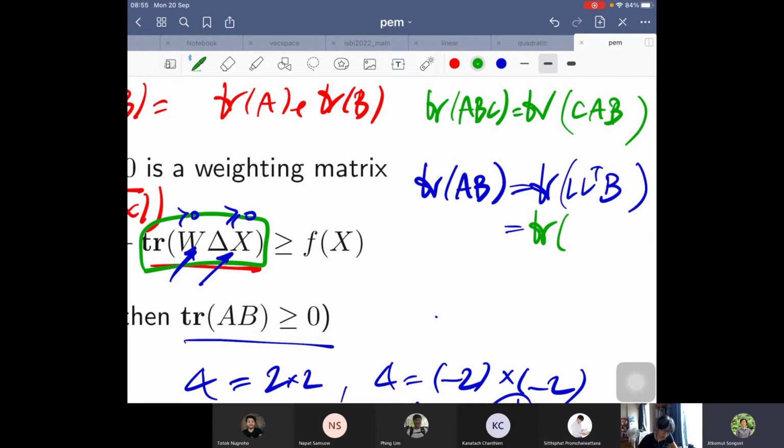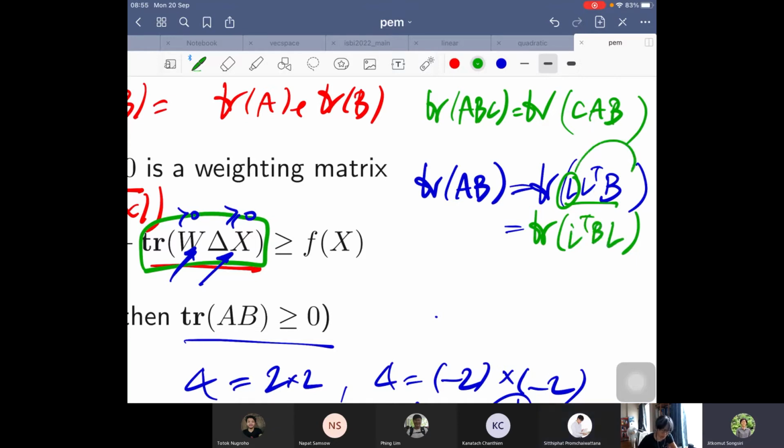Trace of L L transpose B is going to be trace of L transpose B L.